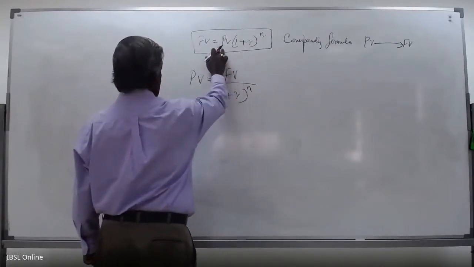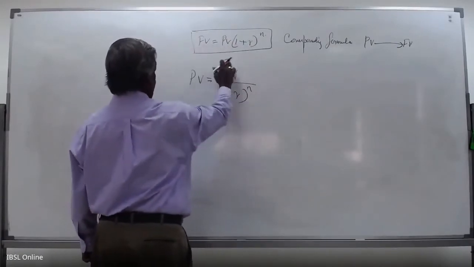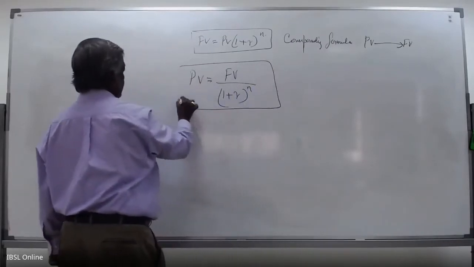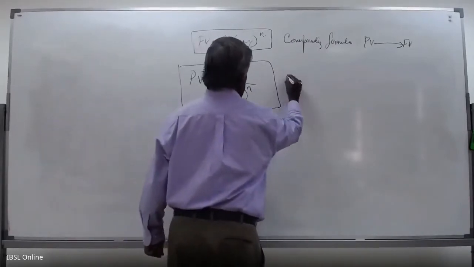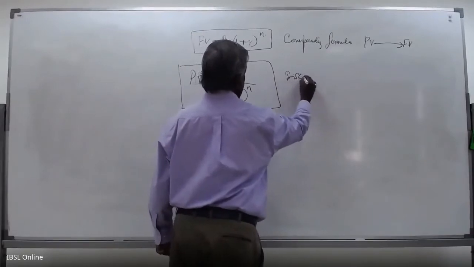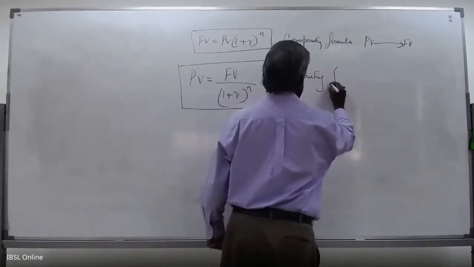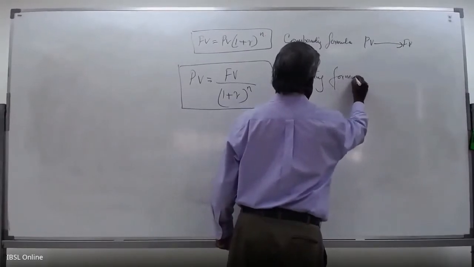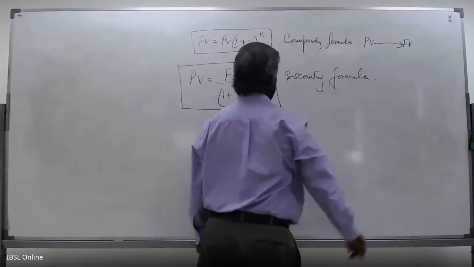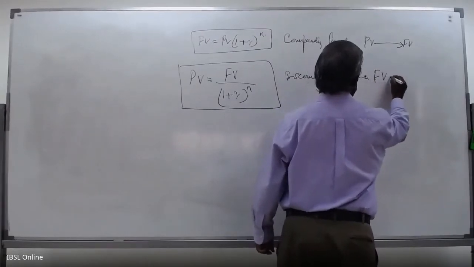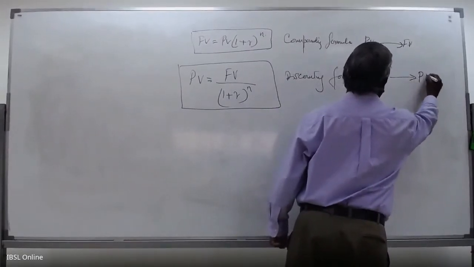So this is the discounting formula. We call it discounting, that is converting future value to the present value.